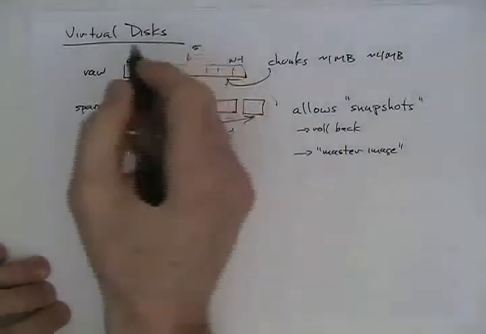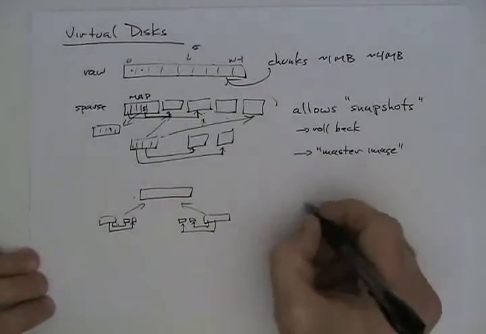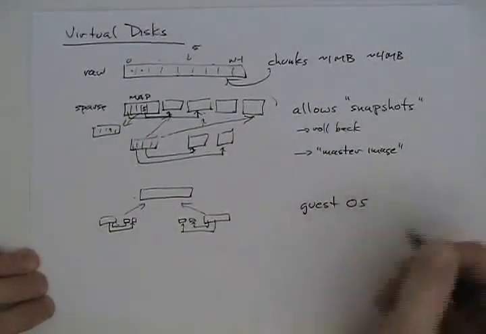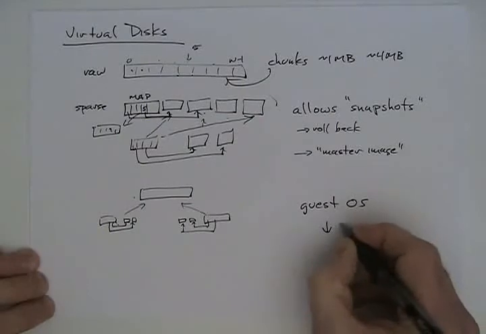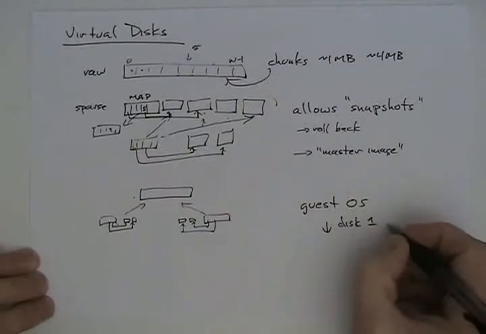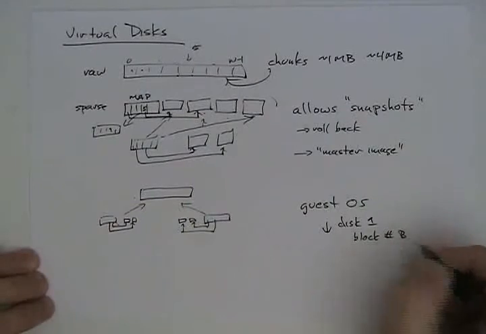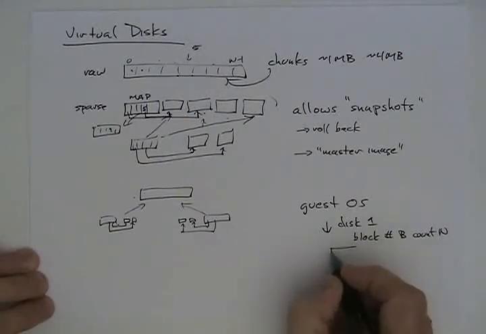So these are virtual disks. As I said, you interface to these virtual disks through a virtual I/O adapter. Once the guest OS writes to that, the guest OS sends to what it sees as disk 1, block number B, count N. So this is some amount of data.